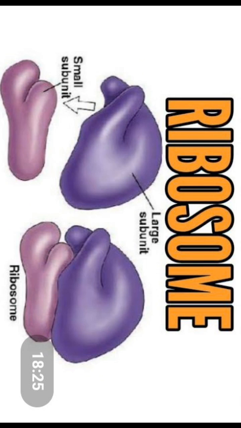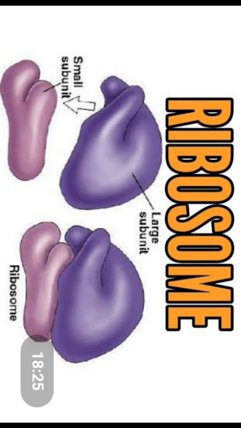I repeat how the polyribosome is forming. Please listen very carefully. A number of ribosomes present in the cytoplasm of the bacteria attach one by one, forming a chain of ribosomes. These ribosomes in the form of a chain are attached to a single mRNA.